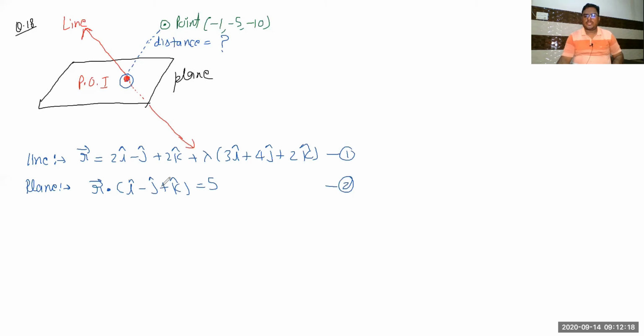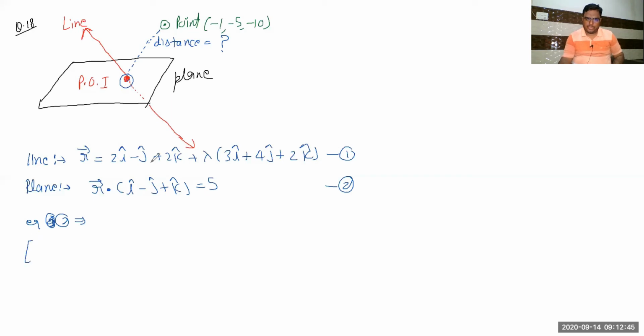So first of all, we will solve these equations by elimination of r vector. So how to do that? Equation number 1, equation number 2 implies that from equation 1 you have this big value of r vector, and you will put that big value of r vector here into the second equation. So what will come now?